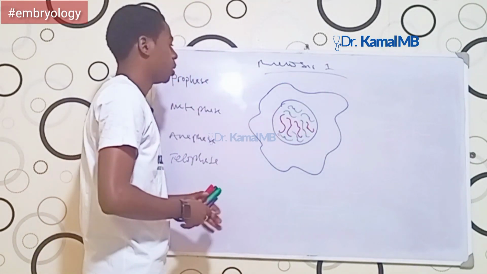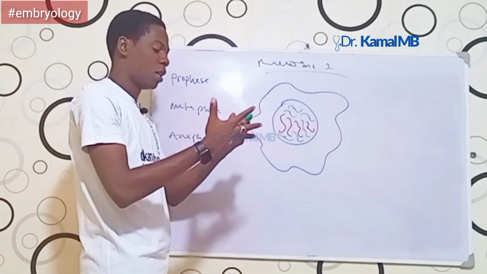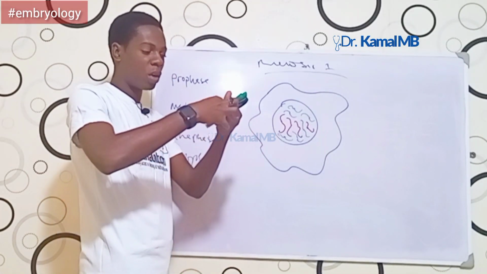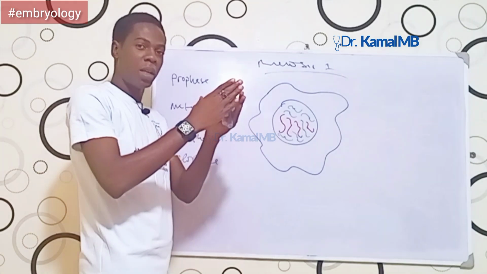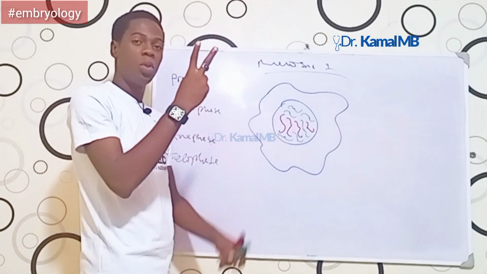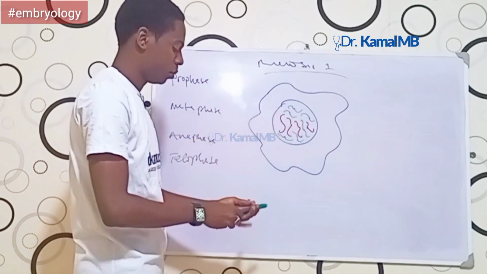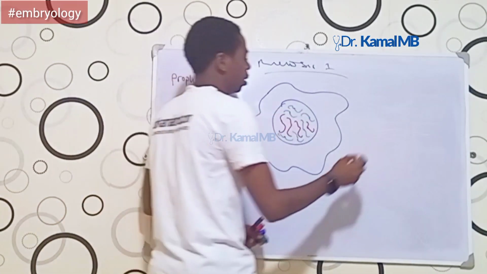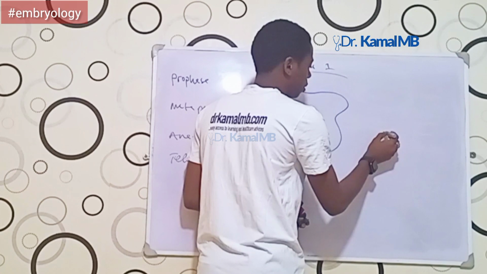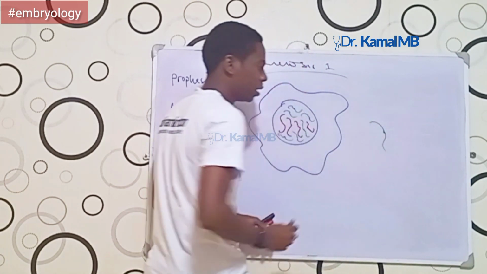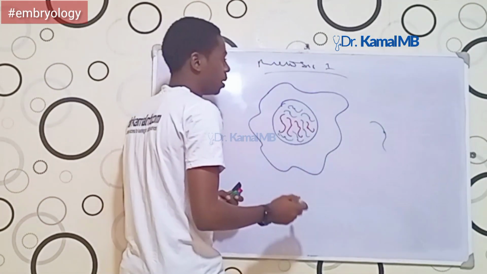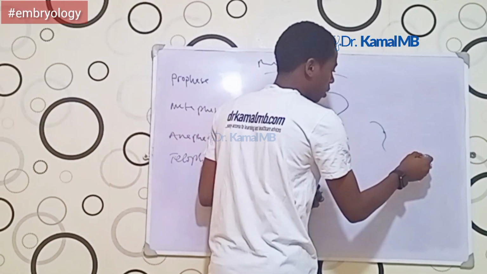At the beginning of this prophase, this chromosome will now coil and expand and become duplicate. The DNA will become duplicate. You see here they are just one. In this place, they are just like this. So when the prophase started, they will become like this.